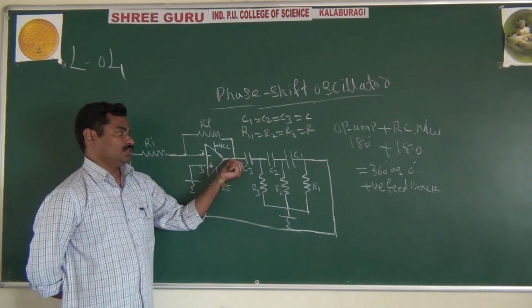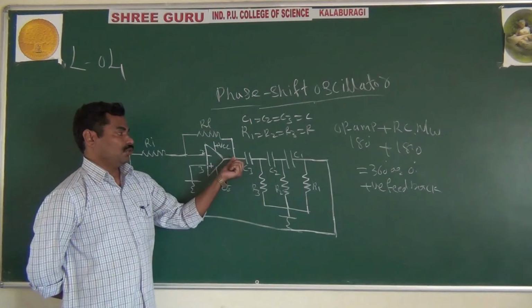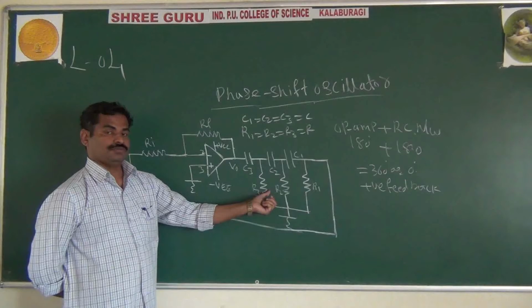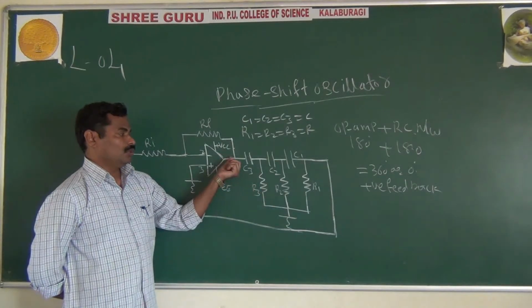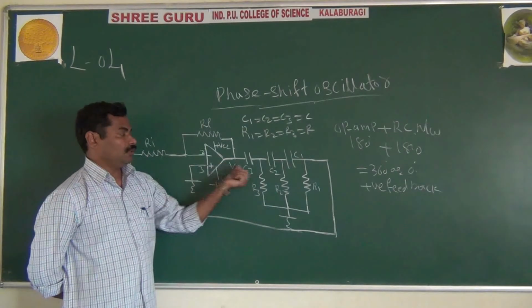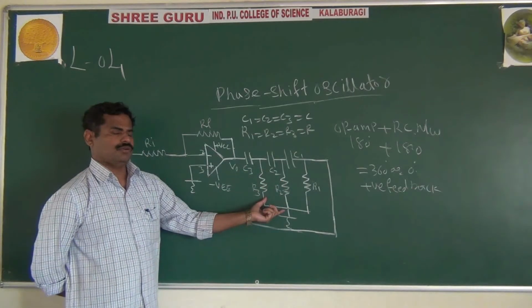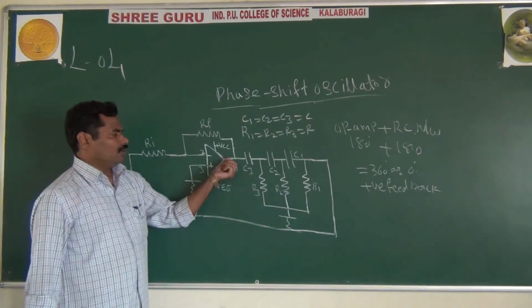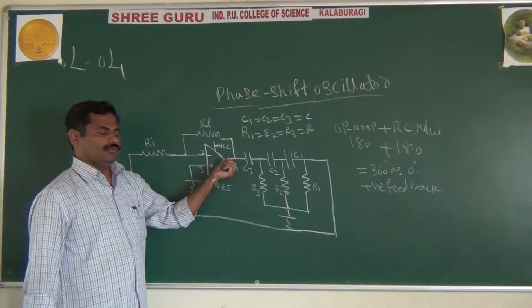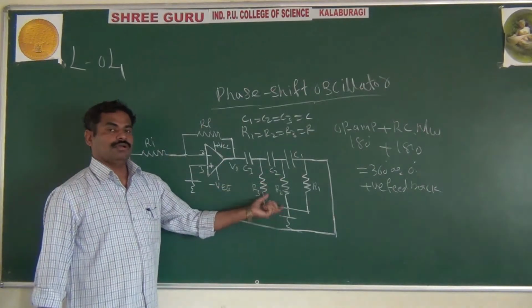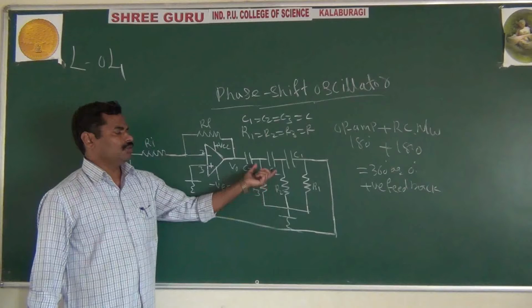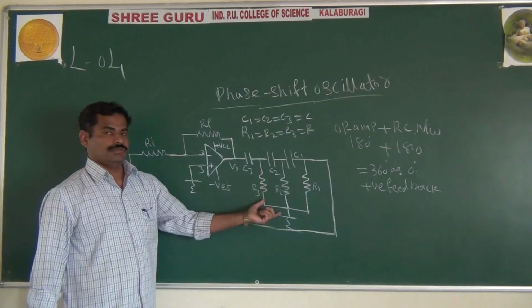The output of the amplifier will be the input for your phase shift circuit. Or, as I said, the output voltage will drive your feedback circuit, that is, your RC network.